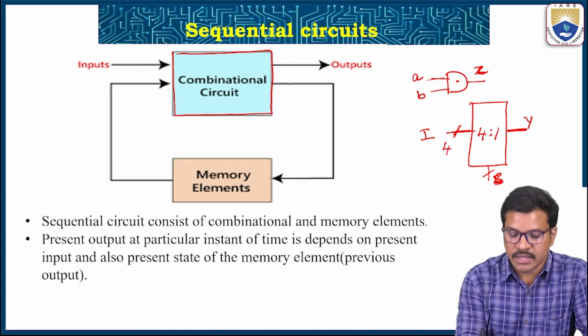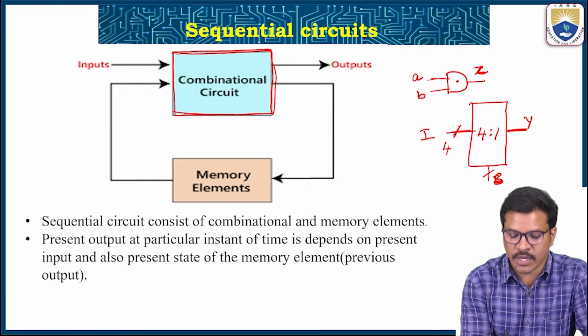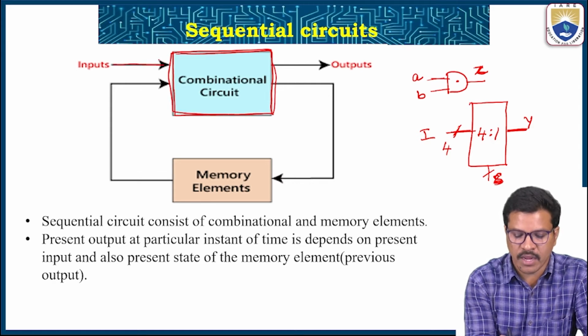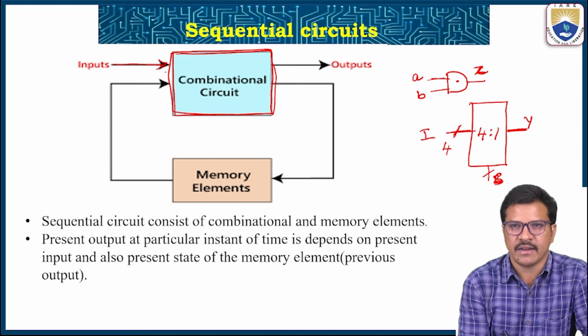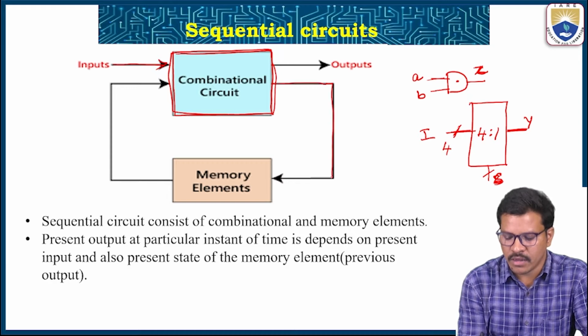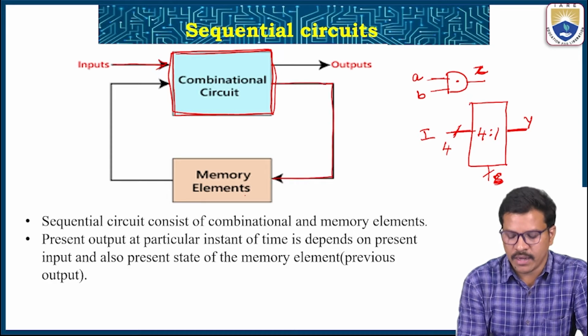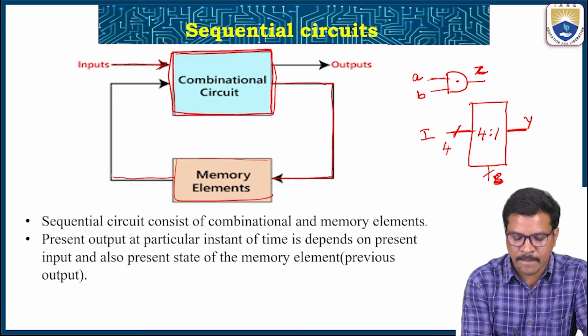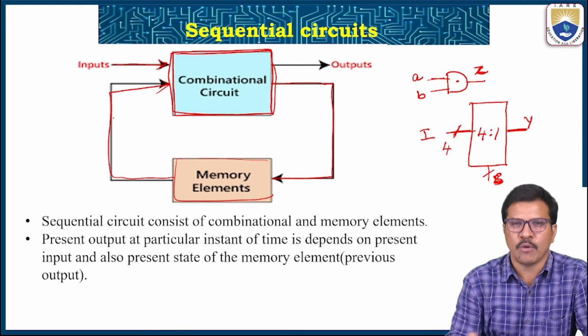The primary input to the combinational circuit is, first, the primary input coming from external, and the other input is coming from the memory element. So the output of the memory element comes back to the input of the combinational circuits.